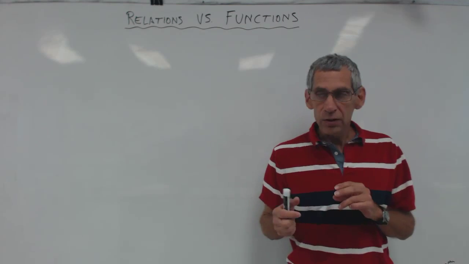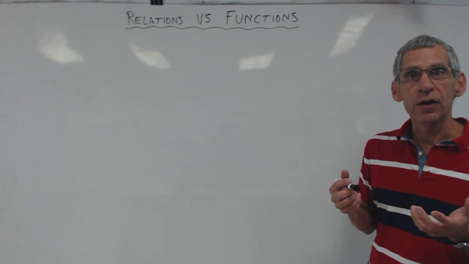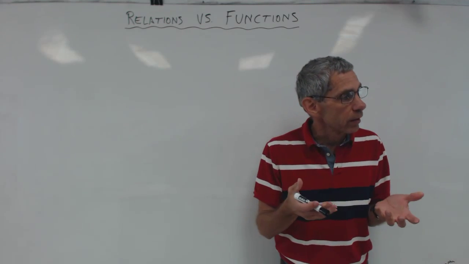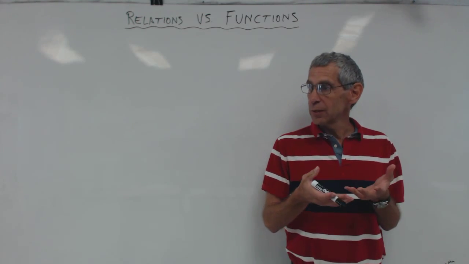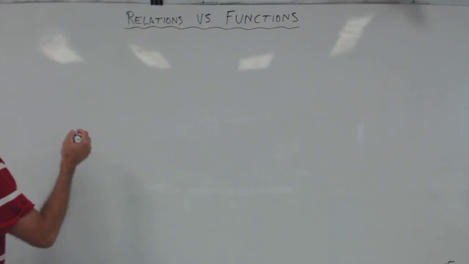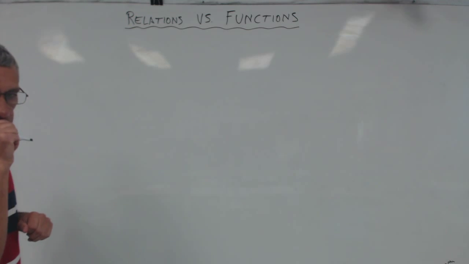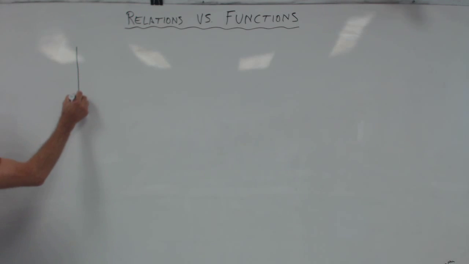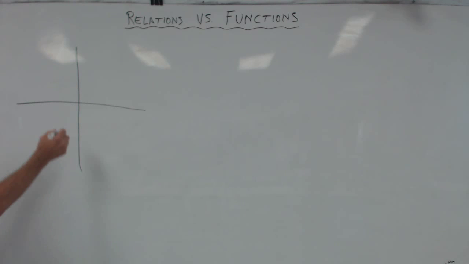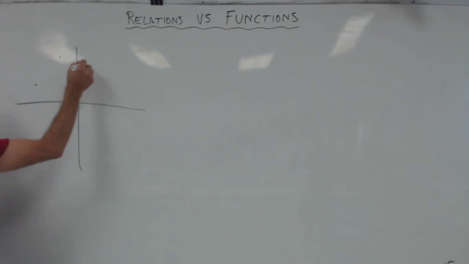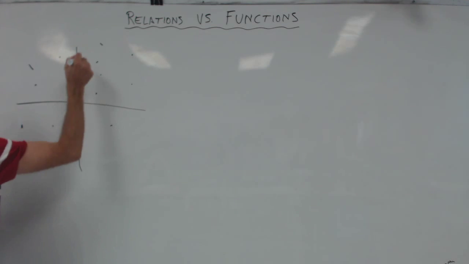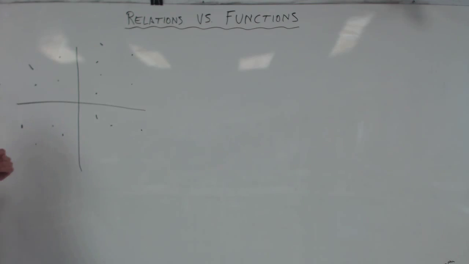And so we're going to talk a little bit about kind of what a function is today, and how do you determine whether something is a function or something is not a function. Okay, first of all, if I had a graph, and I had a dot here, and a dot here, right? That's all over. Are those related?